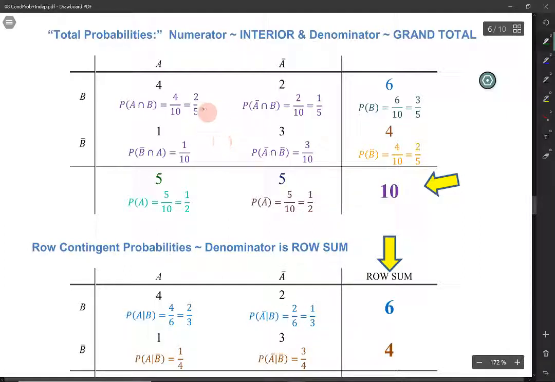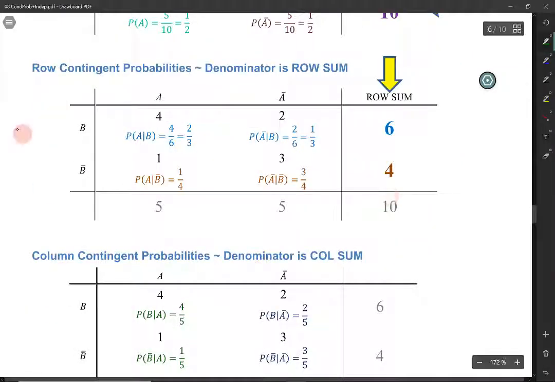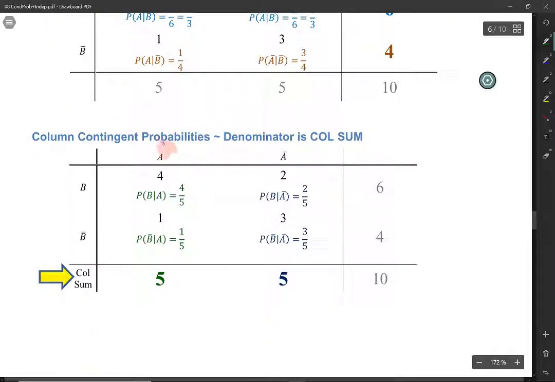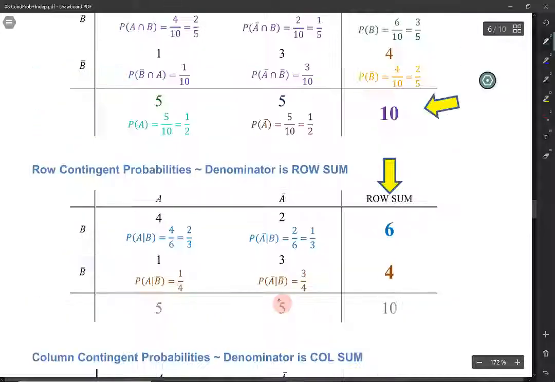Okay, so the contingency table packs a lot in, and there are so many different questions that you can answer from it. So just be aware that if the question is about the population in total, then your denominator is your sample space, 10, the whole kit and caboodle. Sometimes if you're restricting yourself to only B happened, or only that for some reason not B happened, there was an accident and everything was flipped around, then your probabilities are based off the row. And sometimes your probabilities are based off the whole, right?